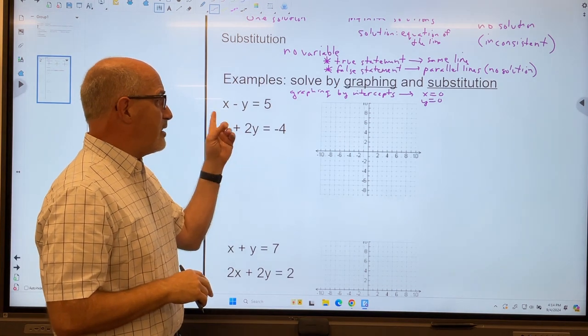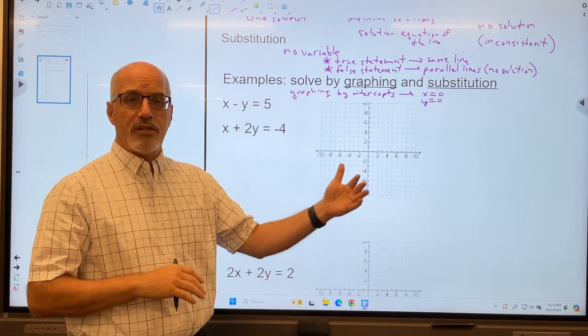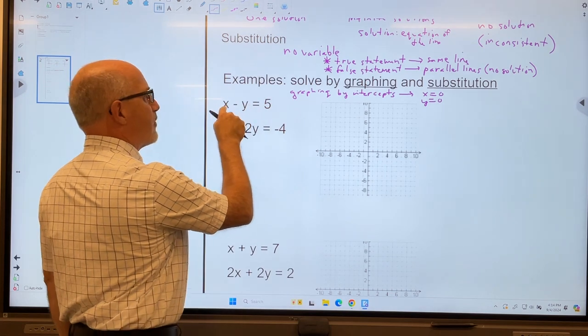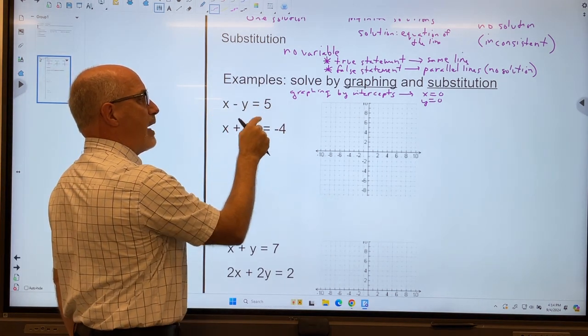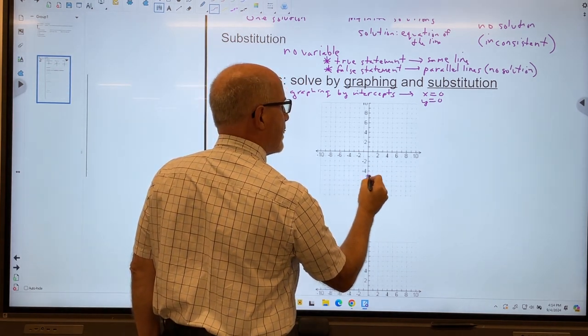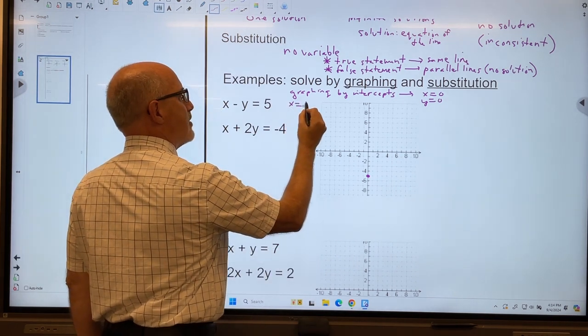It's usually easier when the equations can be put into slope-intercept form but are not already in that form. So if we put in 0 for x here, we get opposite of y equals 5, so y equals -5. So (0, -5) is my intercept there.